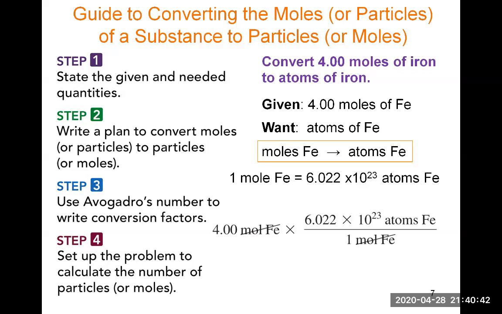And here the given was 4.00 moles of iron times, and remember how the given amount is in the numerator, you multiply by the conversion factor that has the mole on the bottom, such that you can cancel moles of iron. And then the Avogadro number of atoms of iron is on top. And that's the desired unit, which will be left over when you have cancelled the mole units.